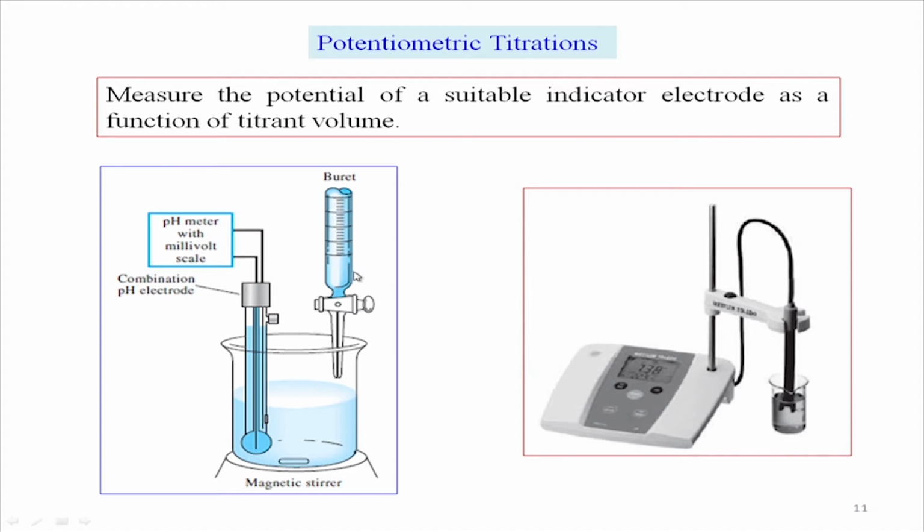After addition of 1 ml, you record the corresponding pH value. After addition of 2 ml, you record the pH value, and the different pH values you get can be plotted against the different volumes of titrant added to the analyte taken in the beaker.